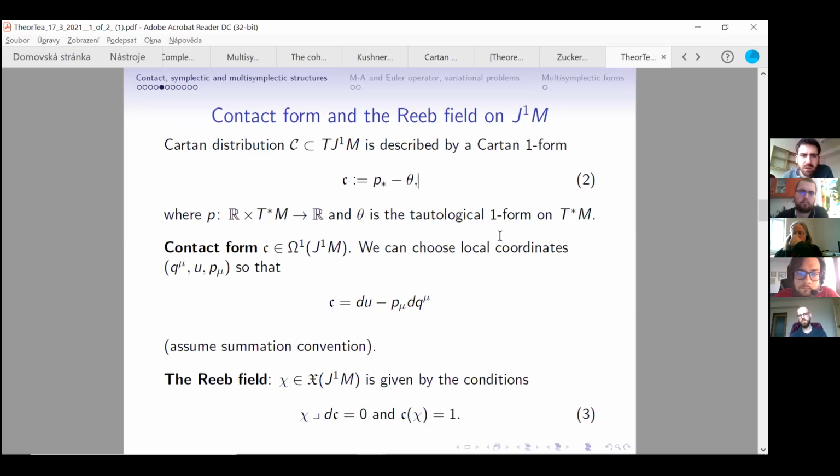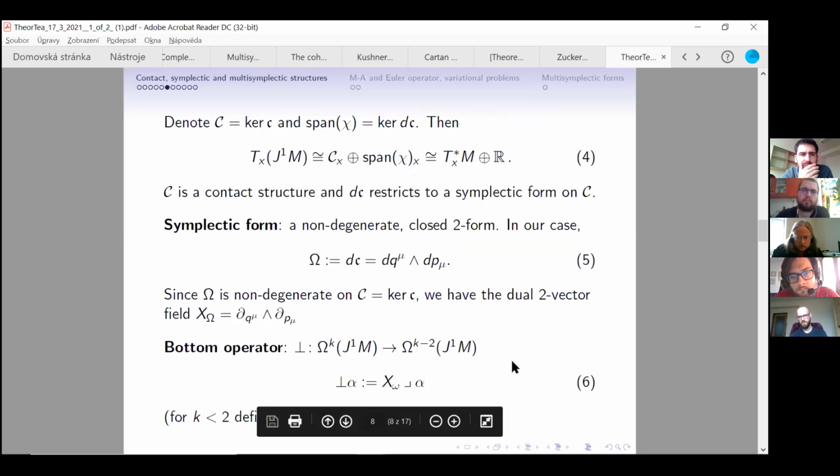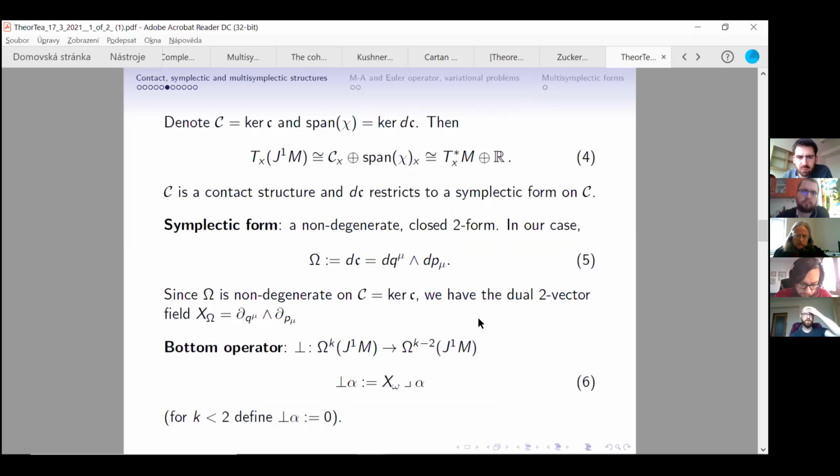Again, to obtain the symplectic form you are using the exterior derivative, a natural operator on J1M. Although you have to restrict down to the Cartan distribution to be able to employ this symplectic calculus, because otherwise the non-degeneracy might be violated.